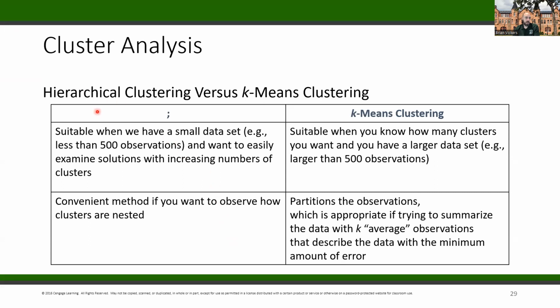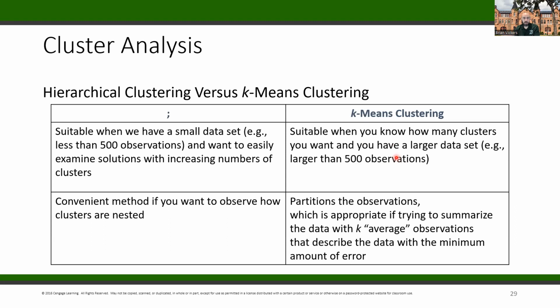So whether we use hierarchical clustering or k-means clustering, let's say we have a small data set, we would maybe use hierarchical. If you just want to observe how those clusters are grouped together, you could use hierarchical. If you have a set number of clusters you want to use, and have a very large data set, you would use k-means clustering. If I want 4 distinct groups, or 5 distinct groups, or 3 distinct groups, you could run this.